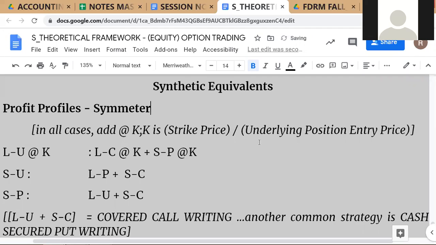Because this is something that you learned, so you should recap this learning when you're doing this exercise. Profit profile, symmetric versus asymmetric.